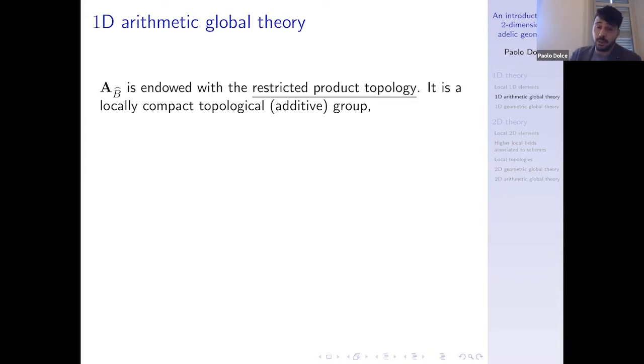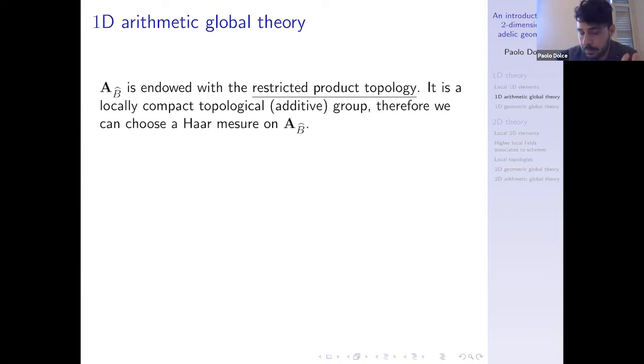Because with this topology, the adeles are a locally compact group, of course an additive group. So why is this important? This is important because for locally compact groups we have Haar measures, and we can choose a normalized Haar measure on adeles, which in some references is called the Tamagawa measure.